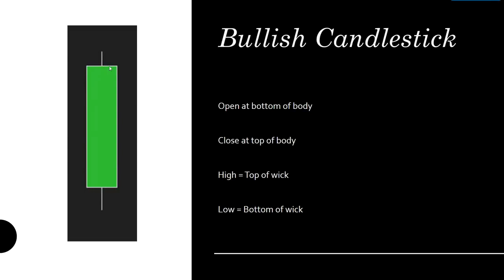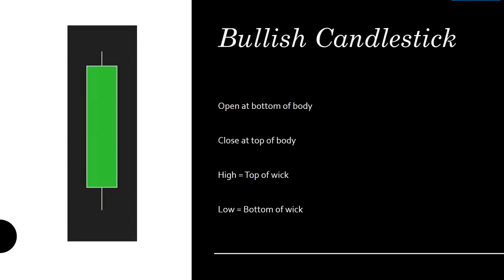The close is at the top of the body. The high is the top of the wick, which is this line right here. And the low is the bottom of the wick.